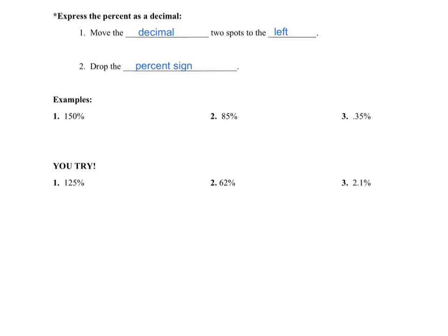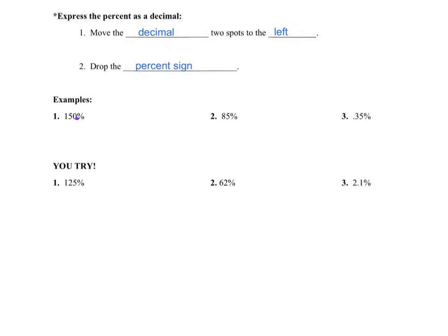So let's look at example 1. It says 150%. And if we had to place a decimal in 150, it would be placed after the 0. So let's put a decimal there. And now it says move the decimal 2 spots to the left.